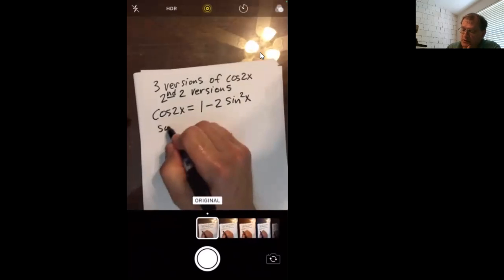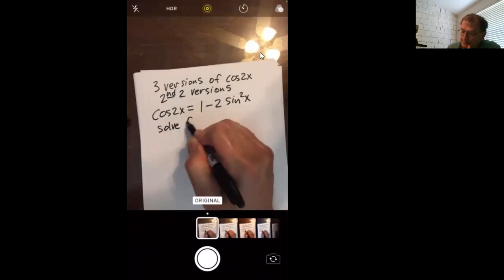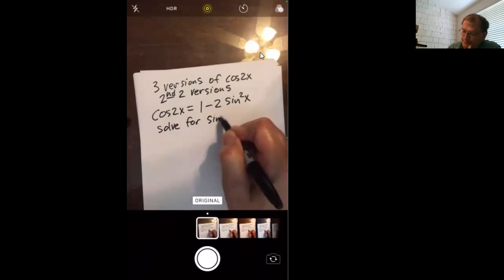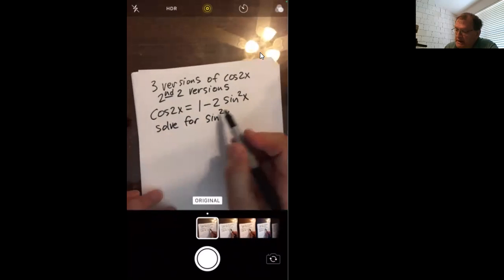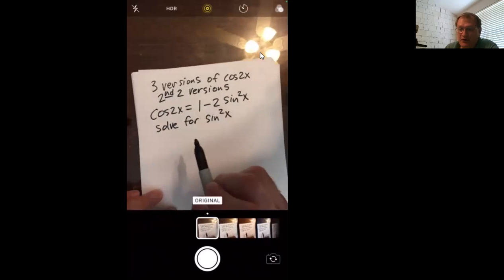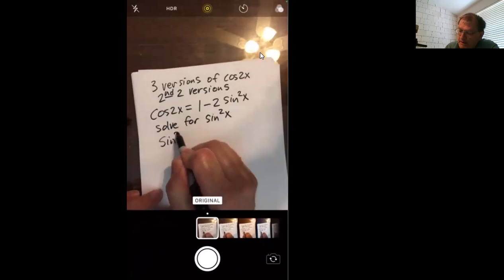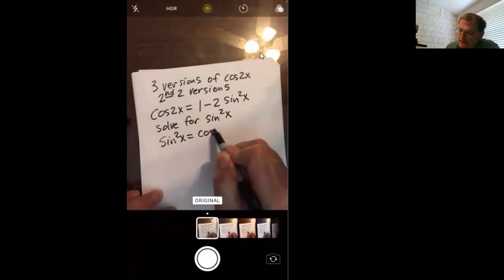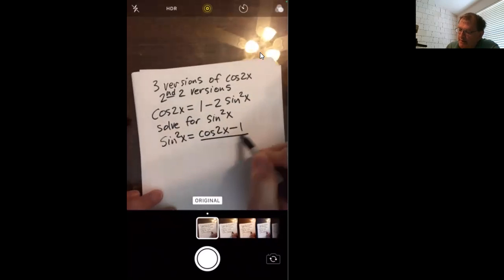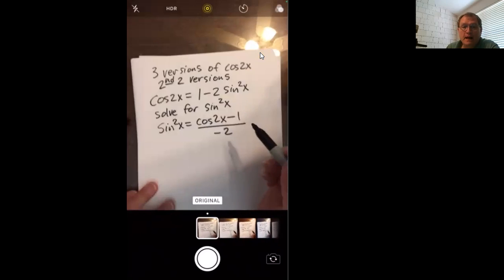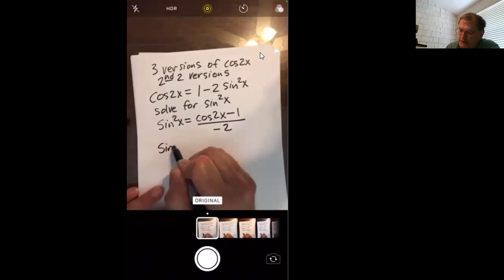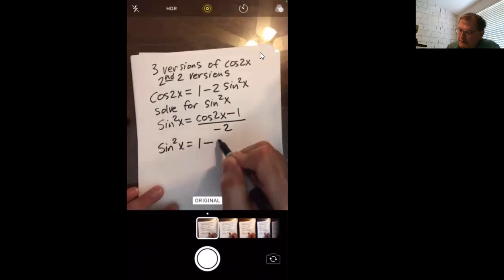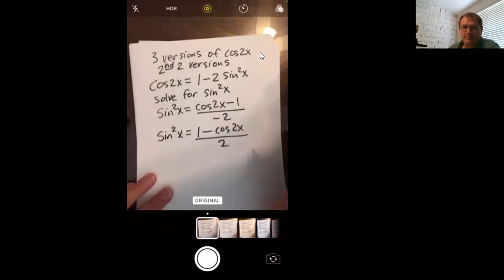Okay, solve for sine squared. Can you tell you have to subtract 1 and divide by -2? It's going to be cosine of 2x, subtract 1 and divide by -2. But we don't like the negative, so they like to switch the order. So we're going to use sine squared of x is 1 minus cosine of 2x, all divided by 2.